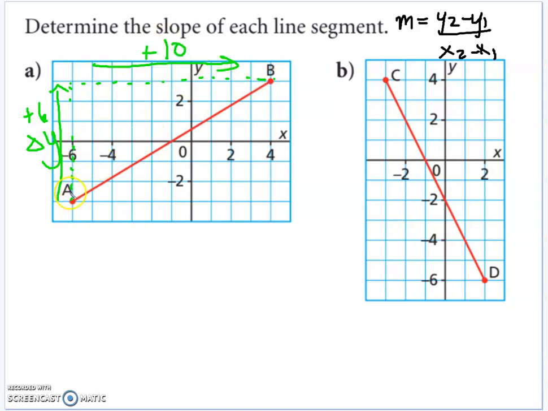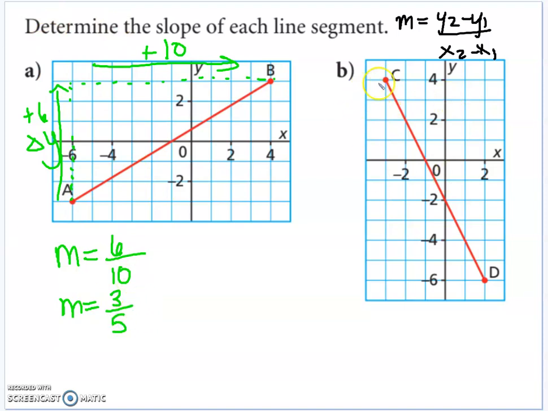Positive 10. And again, I'm getting positives because I'm moving towards the positive y values, and I'm having a positive here because I'm moving towards the positive x values. So my slope here is going to be 6 divided by 10, which if at this point you can reduce, you must reduce. So I'm dividing each of these by 2, 3/5.